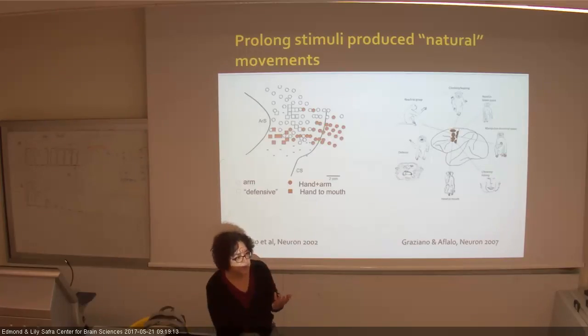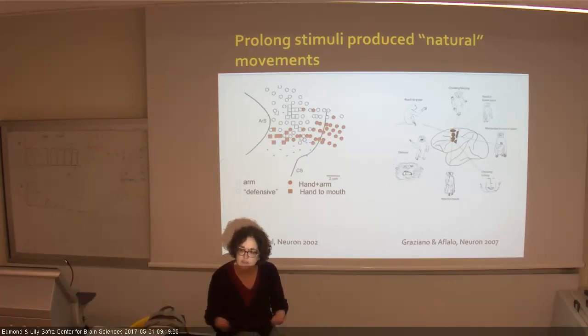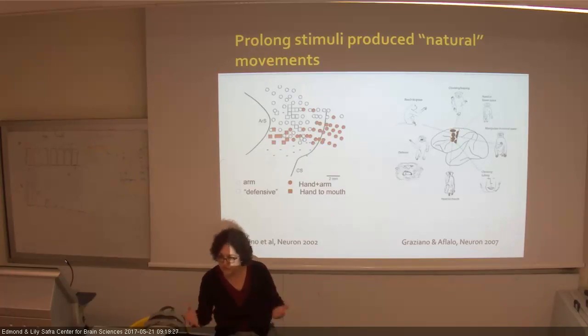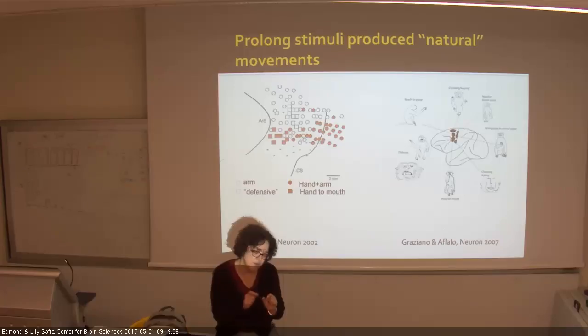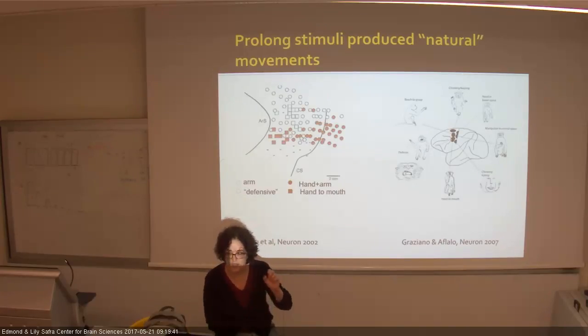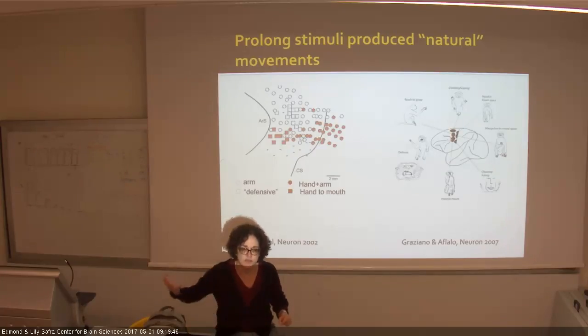The motivation for using longer stimuli was the fact that the time scale of movement is hundreds of milliseconds, like 300, 500 milliseconds, whereas for stimulation we use 50 microseconds. So there is no correspondence between the stimulation that we use for mapping and the properties of natural movement.